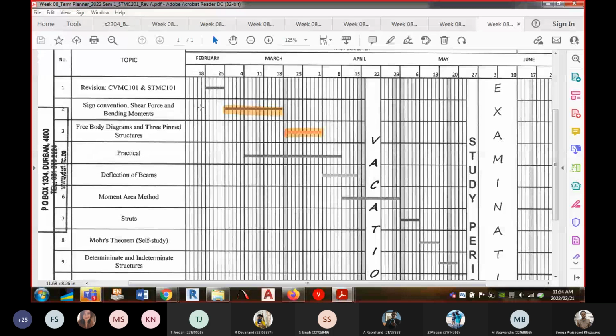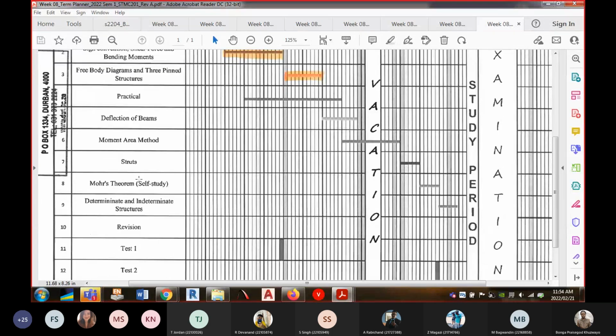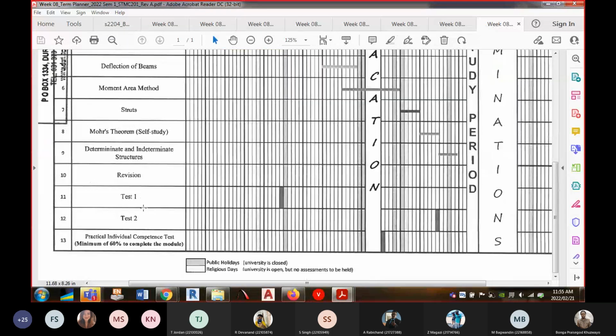While we're doing that, we will be busy with practicals. I will tell you which day and which time you need to come for your practical. And then after 3-pin structures, we will move on to deflection of beams, followed by the moment area method, struts, Morse theorem, determinate and indeterminate structures.